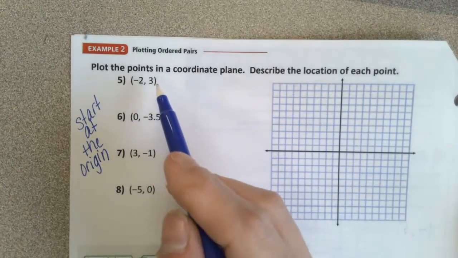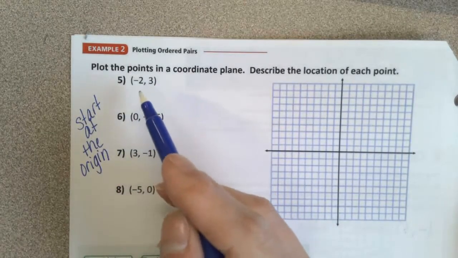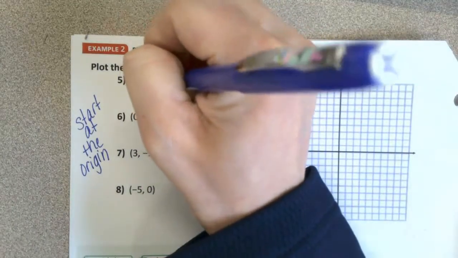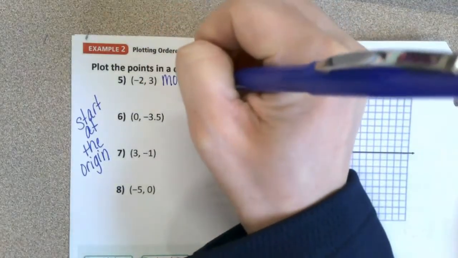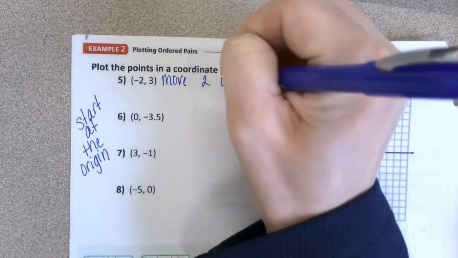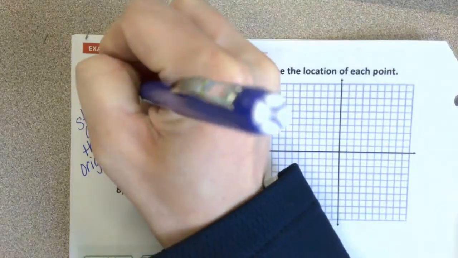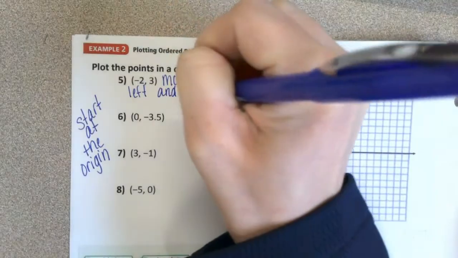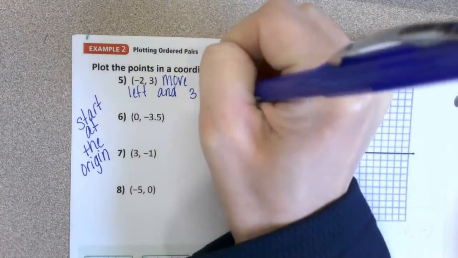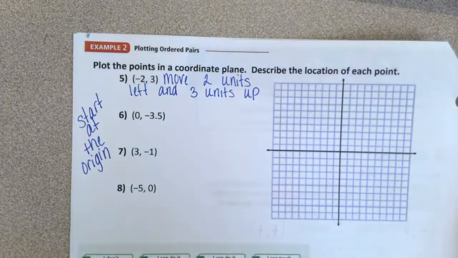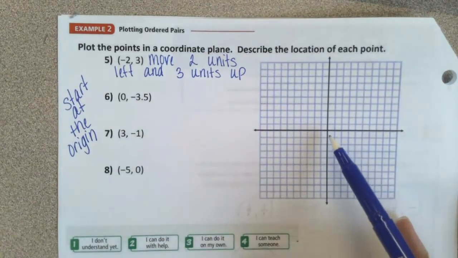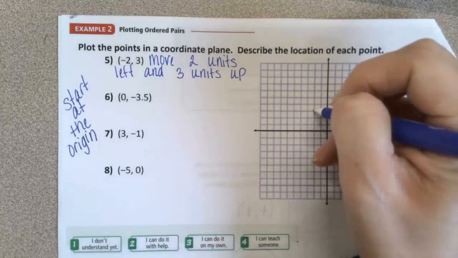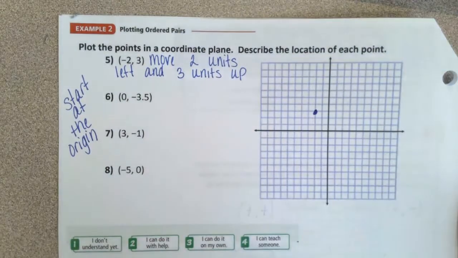We move 2 units left, okay, because it's negative 2, and 3 units up. Okay, so now we're going to do that. Start at the origin, 2 units left, 3 units up. And that's negative 2, 3.